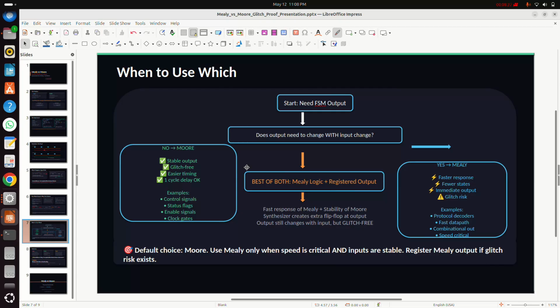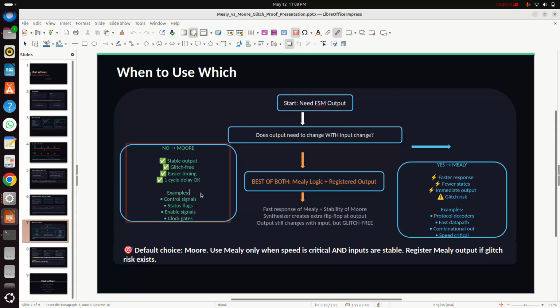You should not use the Mealy machine when the design is complex and glitch risk arises. When you need stable, glitch-free output, you must use the Moore machine, and when complex designs come up, you must use the Moore machine.